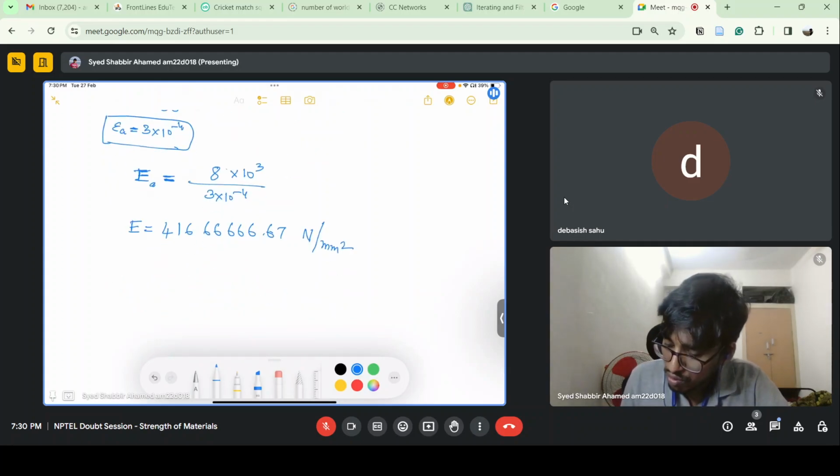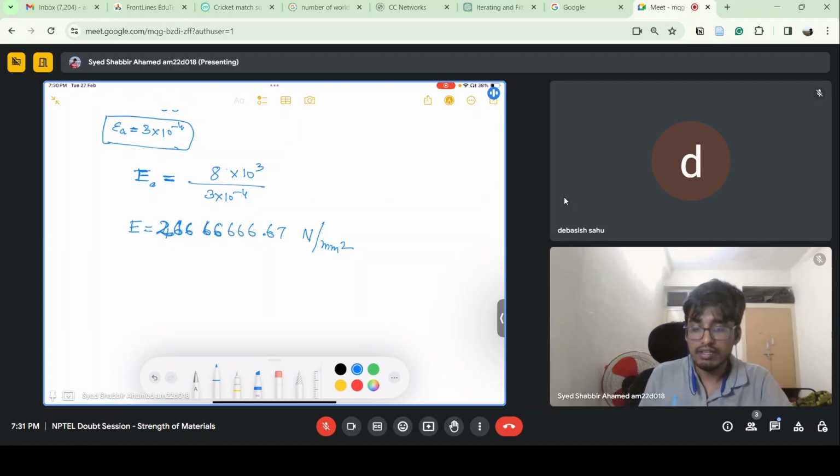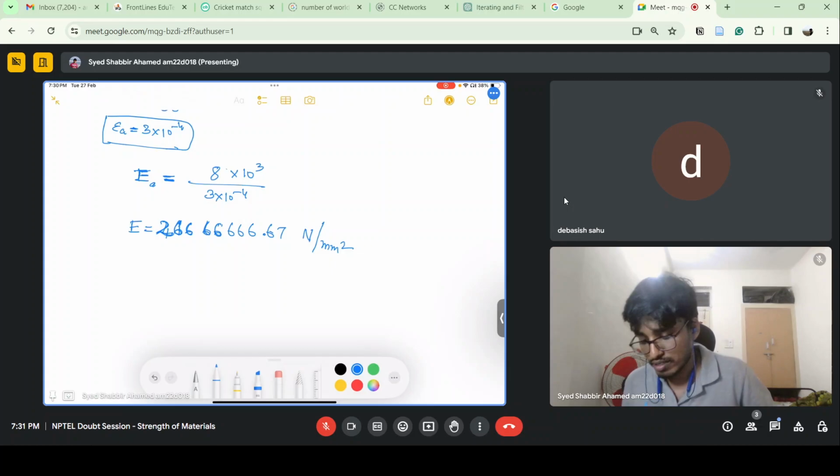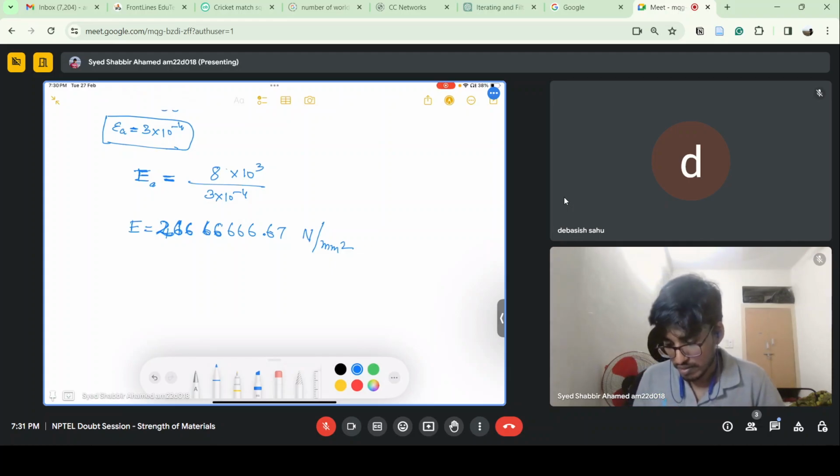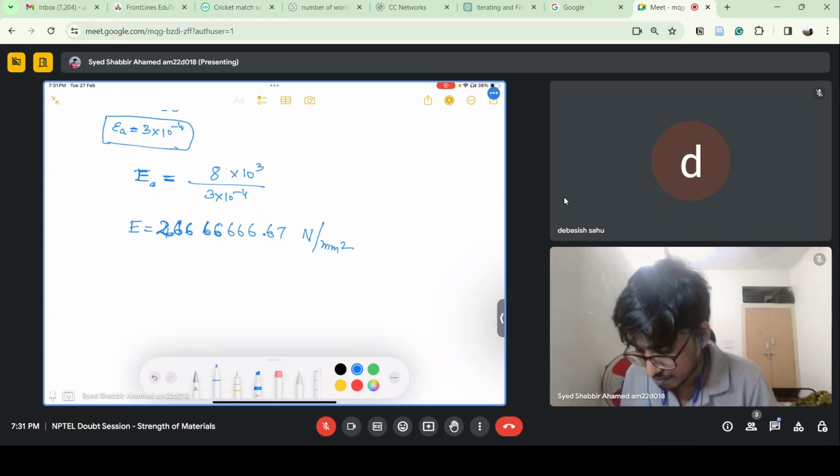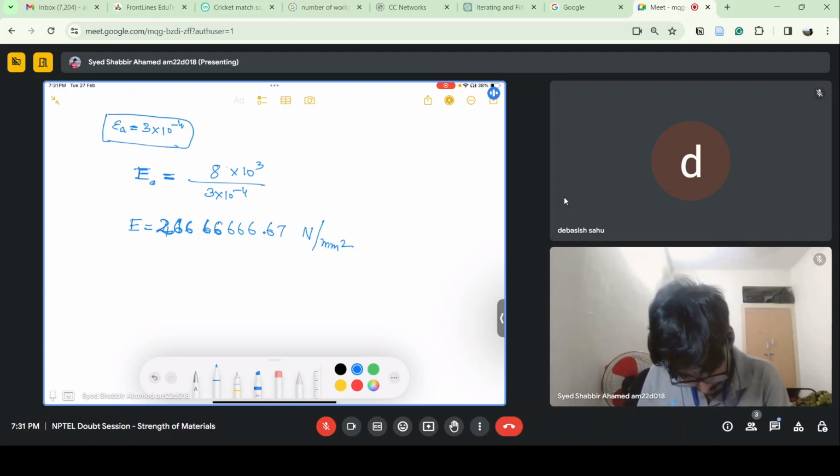So we will get this strain. We get this, the Young's modulus.